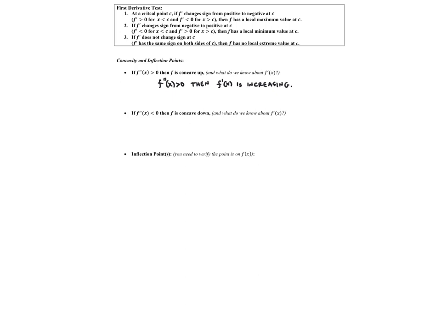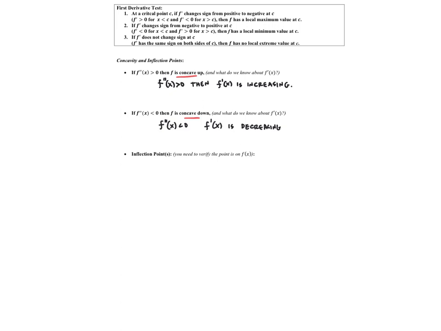If f double prime is less than 0, then f is concave down. What does this mean about f prime? Well, if f double prime is less than 0, then f prime is decreasing. The big takeaway from these first two questions is that f double prime connects to the concavity of f.